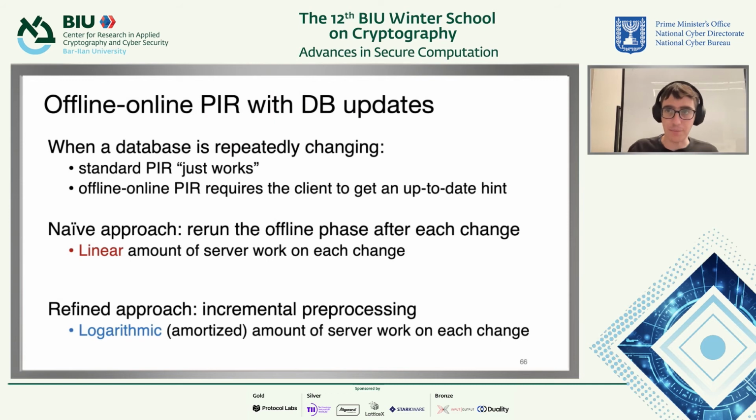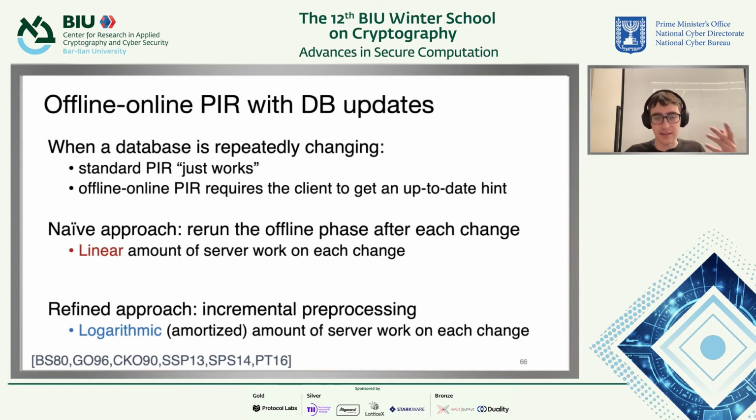The refined approach is what we call incremental preprocessing, which would allow us to get only a logarithmic amount of server work, at least amortized, on each change. We use ideas that go back to work in the data structures community on turning static data structures into dynamic data structures, and even in crypto, in the ORAM literature and updatable encryption.